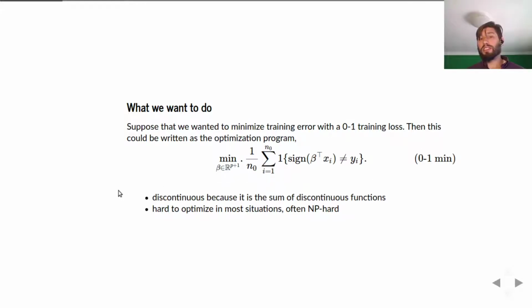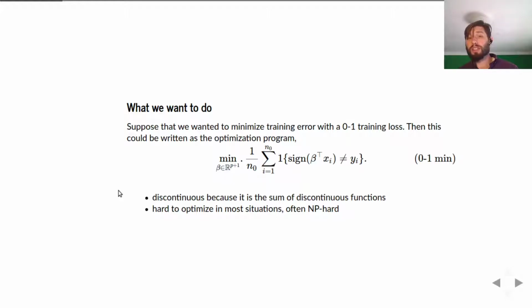Before, we talked about loss functions like the hinge loss, and other regularizers like the lasso's absolute value, or L1 penalty. Those were not differentiable, but they were convex, and they were still continuous.